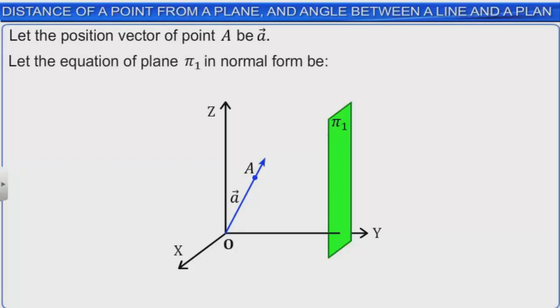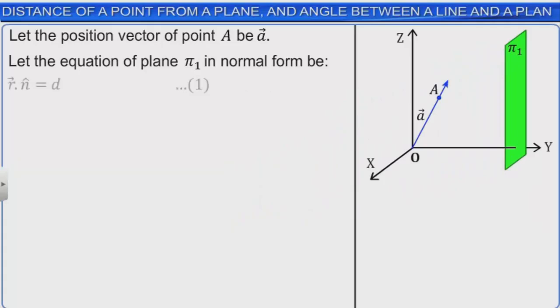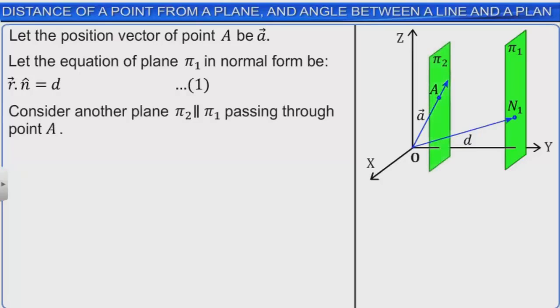Consider the normal form of the equation of plane pi1 given by equation 1. Distance d in the equation is the perpendicular distance ON1 of plane pi1 from the origin in the direction of unit vector n. Now, consider another plane pi2 parallel to plane pi1 passing through point A.